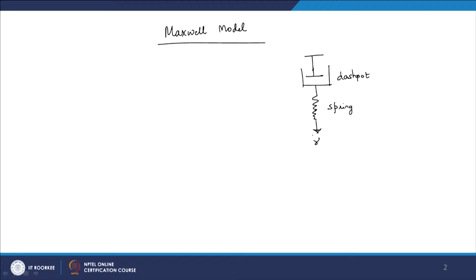sheared in the system. So, if you do not know what a dashpot is, think of a bucket of viscous liquid and you are pulling something out of it, and that will require a force to be applied. So, if it is a viscous liquid, we have to apply more force to pull it.